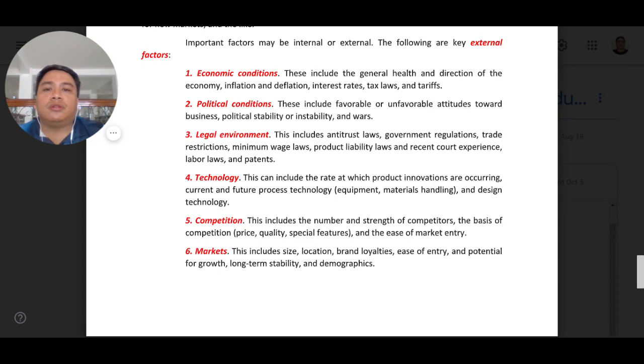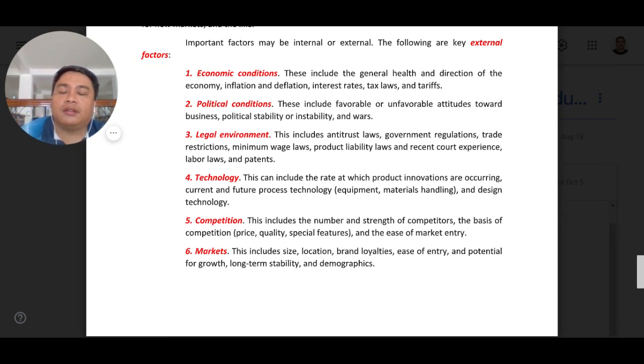Okay? So, political conditions is based on the condition of any local government unit that can help the business organizations in terms of political stability. Is there political stability or instability? Are there many factors that we consider in terms of how a local government unit is run?